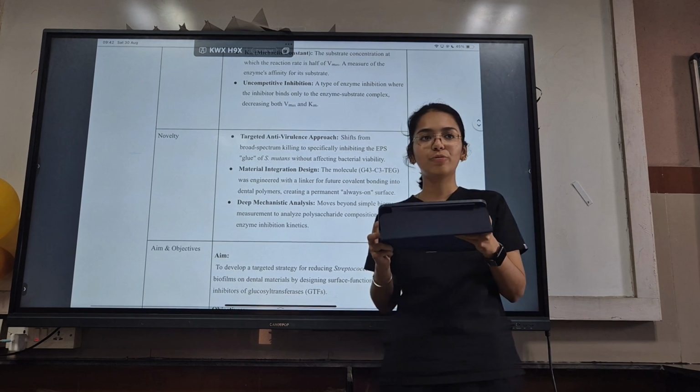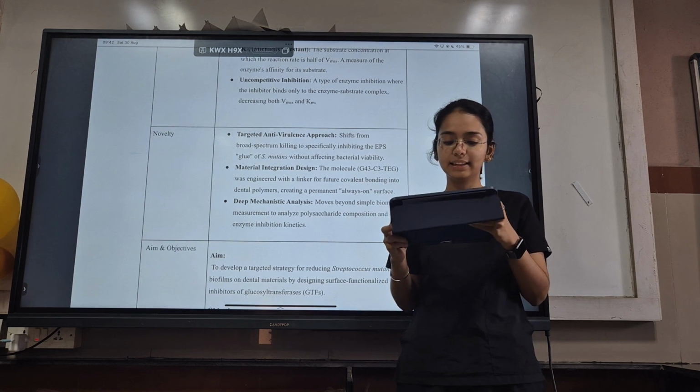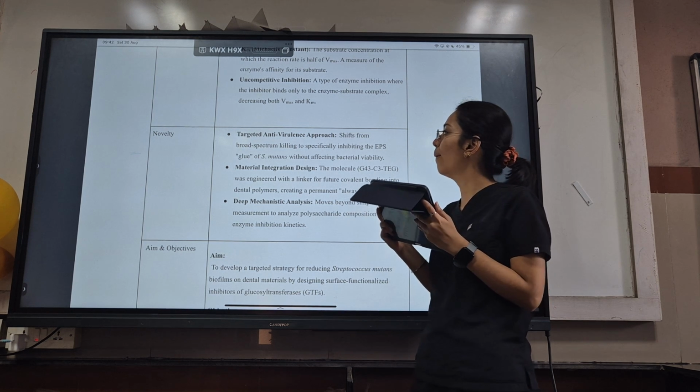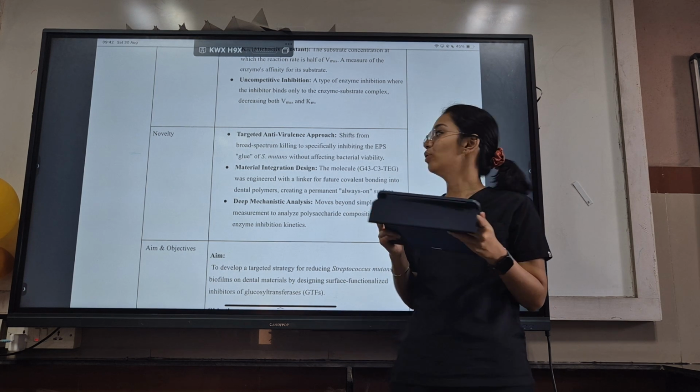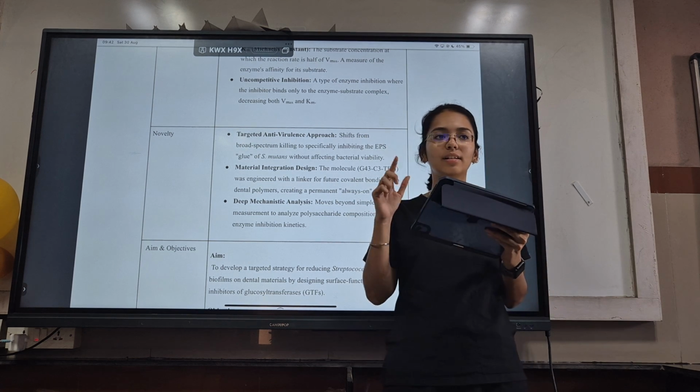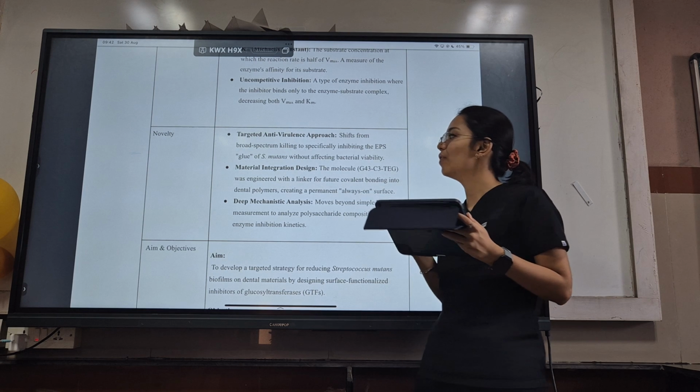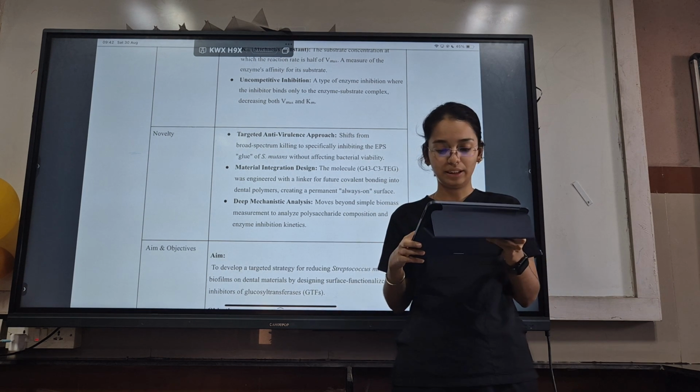So the novelty of this specific study is that it has a targeted anti-virulence approach. It shifted from broad spectrum killing to specifically inhibiting the EPS of this Streptococcus mutans species without affecting bacterial viability.